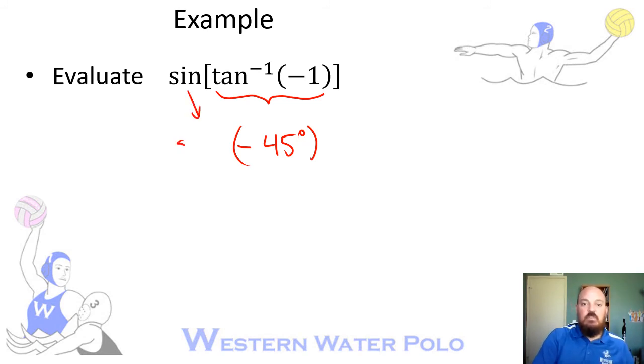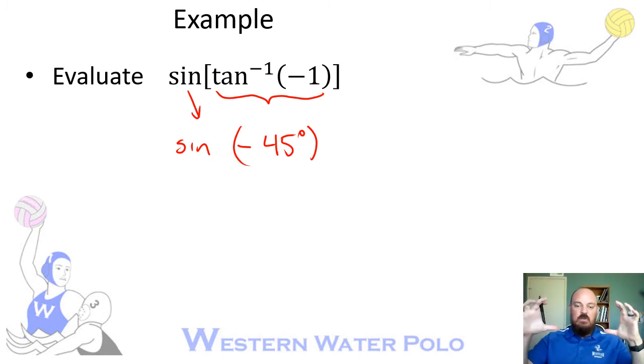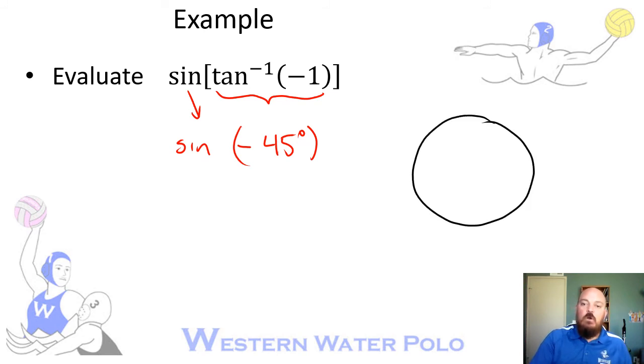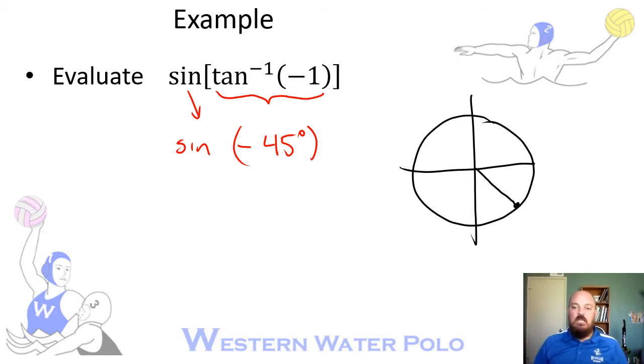Now the second part of this question is to find the sine of that angle. So once you figure out what's inside the parentheses, if you can get an angle for that, it just turns into a trig question. So now all of a sudden it's unit circle. And I think, okay, my angle is -45 degrees or -pi/4, which would be right down the middle of the 4th quadrant.